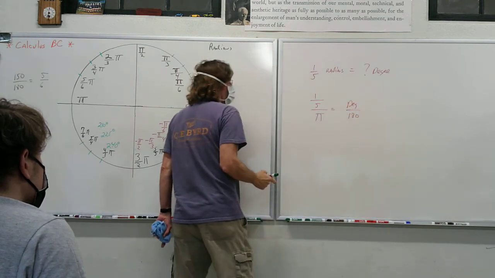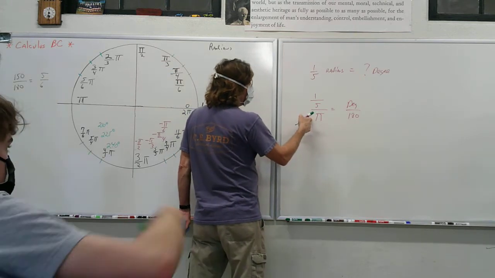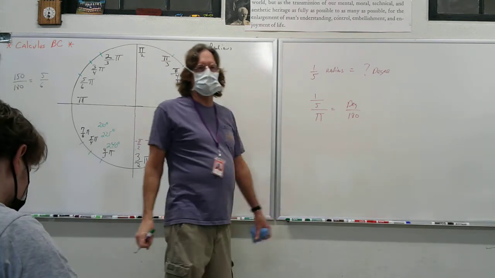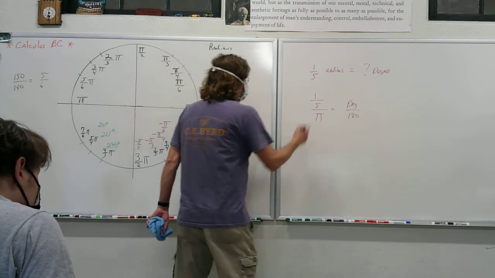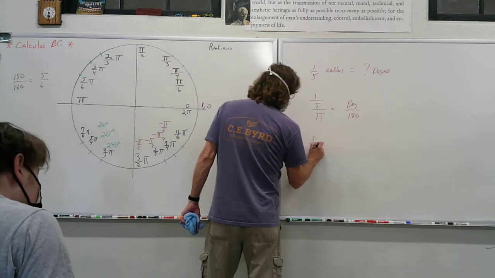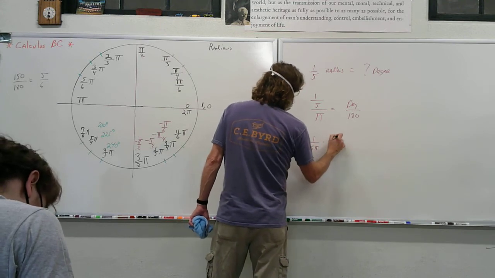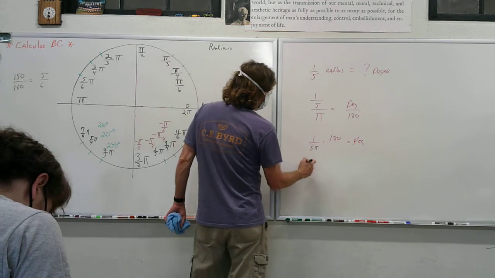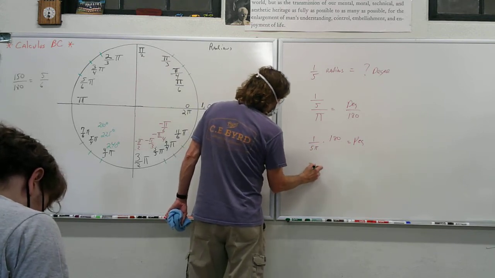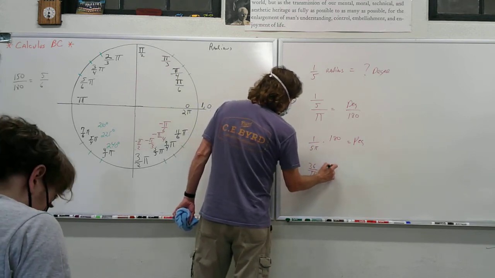And here's the problem. That pi is going to stay in that denominator. See that pi right there? It's going to stay there. So you'll get 1/5 pi times 180 equals the degrees. And 5 goes into 180, 36 over pi equals your degrees.